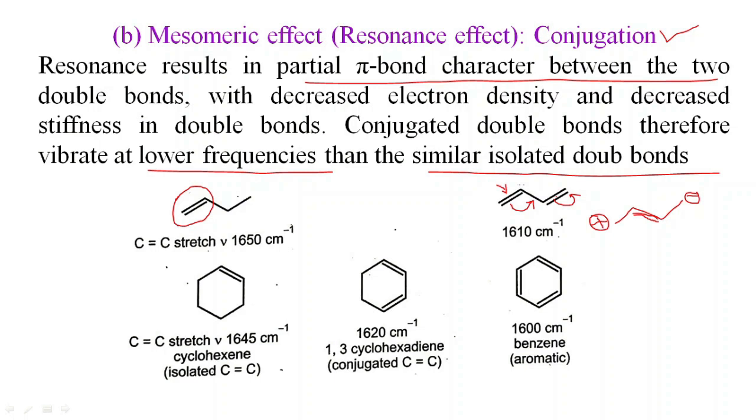So to stretch the single bond, it requires lower energy, or we can say it requires lower frequency, which corresponds to lower wave number values. So as compared with the isolated double bond, conjugated double bonds vibrate at lower frequencies.